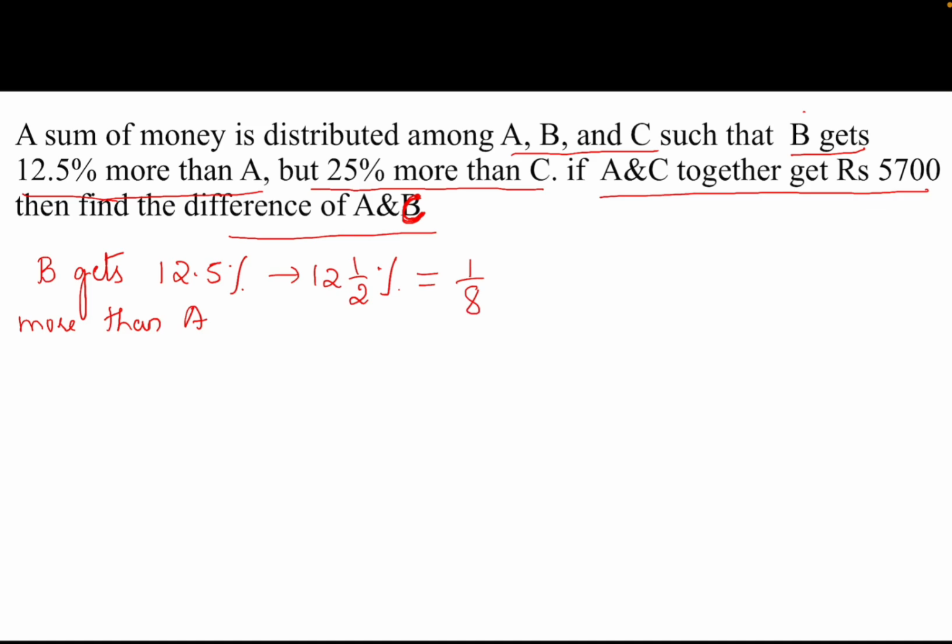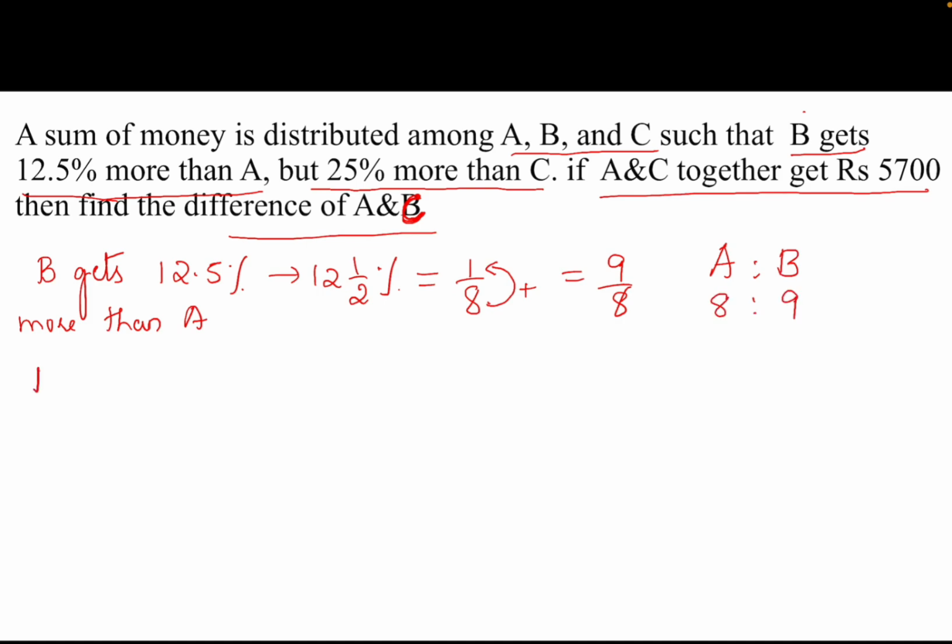So 1 by 8 means if A is getting 8 parts, then B will get 1 part more than A. So 8 plus 1 is 9, so 9 by 8. That means A is to B is 8 is to 9. If A is getting 8 parts, B will get 9 parts.